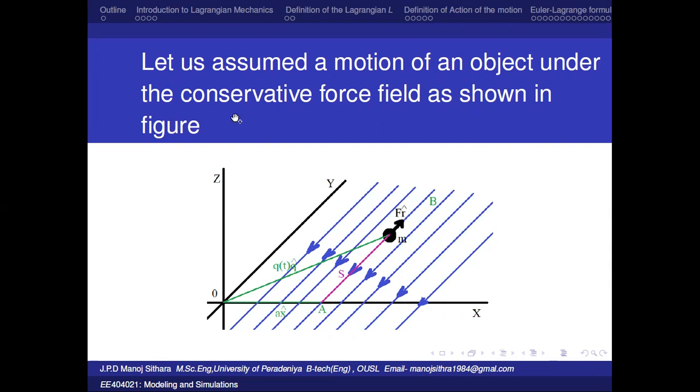The conservative vector field can be shown as the arrowheads of the field, which are drawn in blue color, right? And this is the position vector, the position of the object. The object of mass m has a force of m towards the r direction, right?